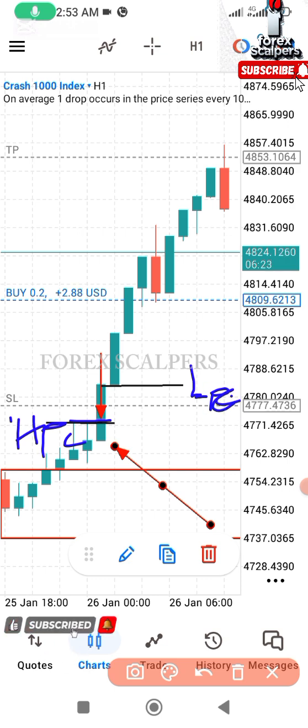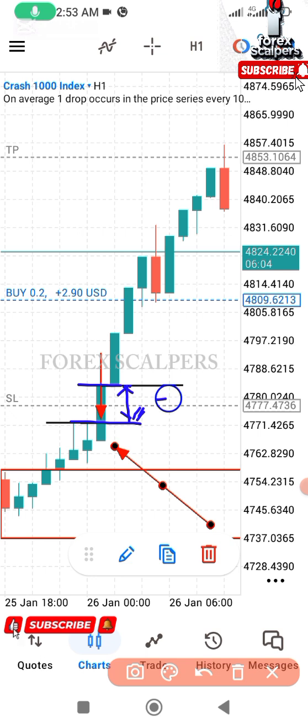So now that I've marked this high and this low, you realize that there is a space between the first one we marked and the second one. So this gap here is what we are referring to as the fair value gap. This space you are seeing here is our fair value gap.